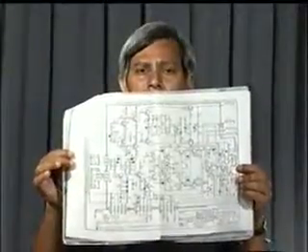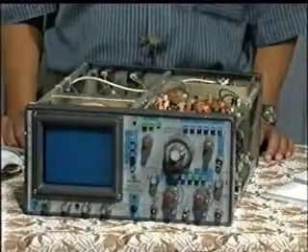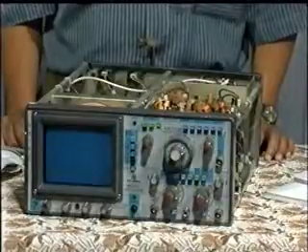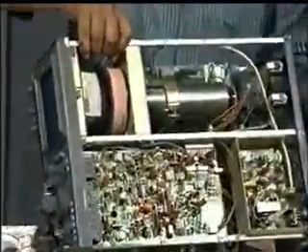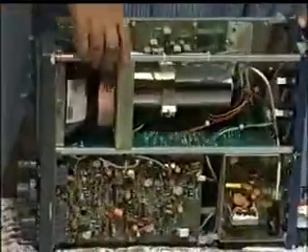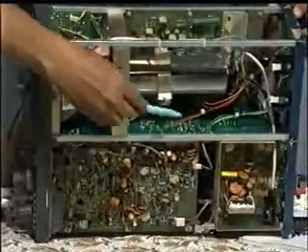To repair this oscilloscope, let us first consult the service manual of this oscilloscope, which is here. The horizontal stage is here. Let us find out where this module really is in the oscilloscope. Let us search for the horizontal PCB in this CRO, which is here.